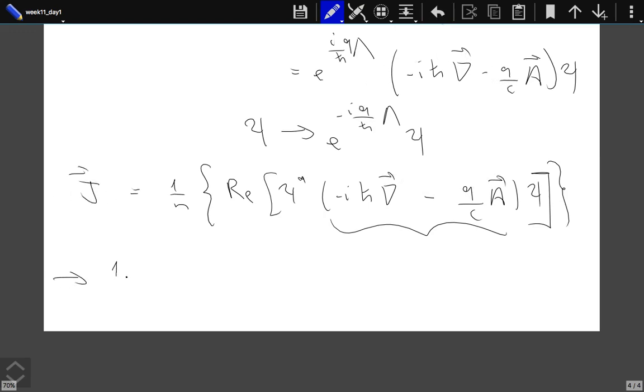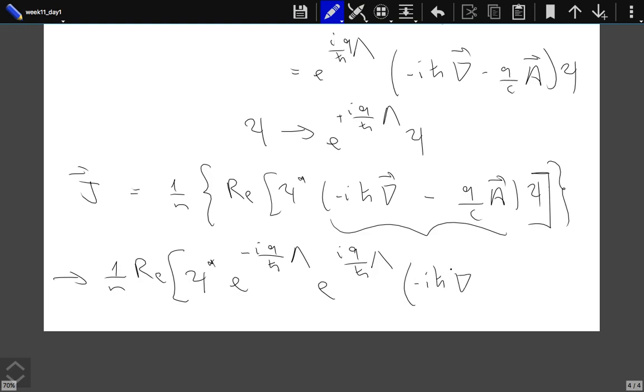This will change into 1 over m, the real part of, well, psi goes to e to the power minus i q over h bar lambda psi, so psi star will go to psi star e to the power i q over h bar lambda, and this whole thing with the vector potential will go to e to the power i q over h bar lambda, minus i h bar gradient minus q over c A psi.